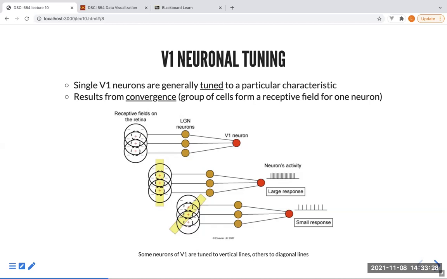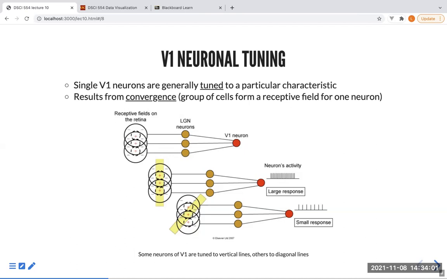Now, the verticality of the eyes obviously has to do with how vertical your head is. So here we're supposing that we're looking straight, and so these are just in one line. In the case we are looking at a vertical line, then all the pluses here are going to send a positive signal that the V1 neuron is getting from all of them, and it's going to say, oh yes, here I see a very large response for a vertical line.